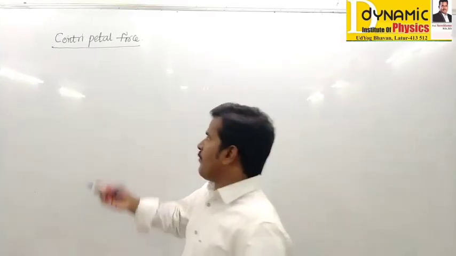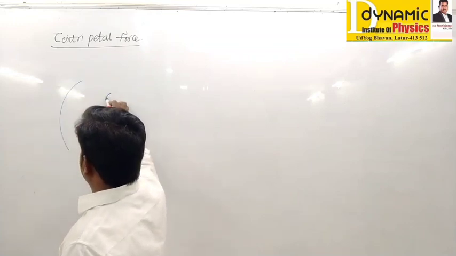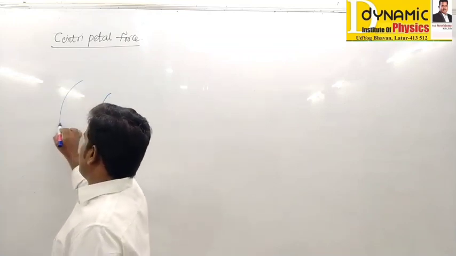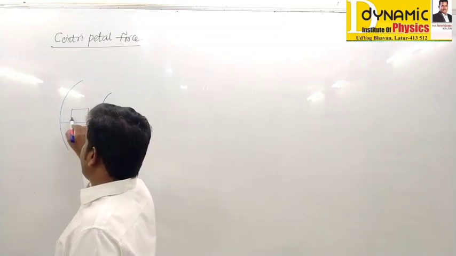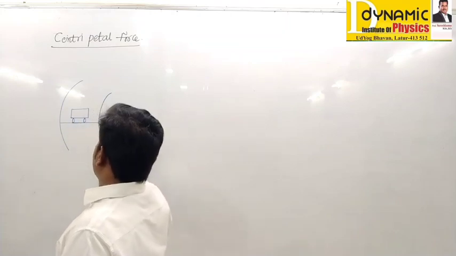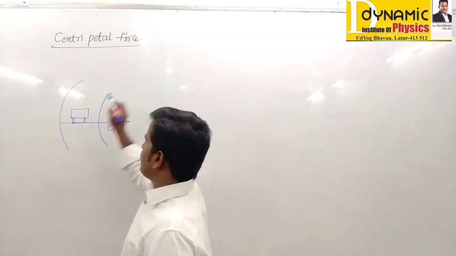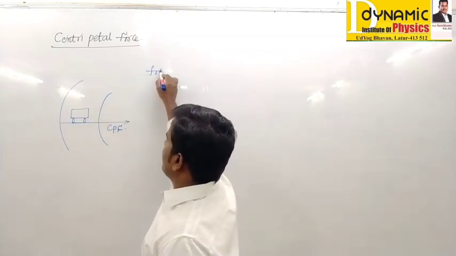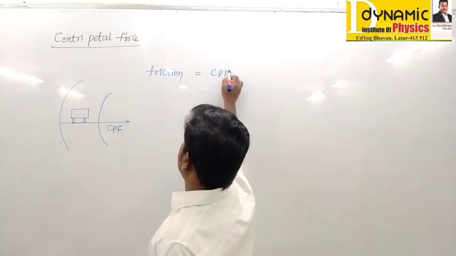Suppose a body, a vehicle, moves in a curved path. Here the centripetal force is given by friction. Friction provides the centripetal force here.